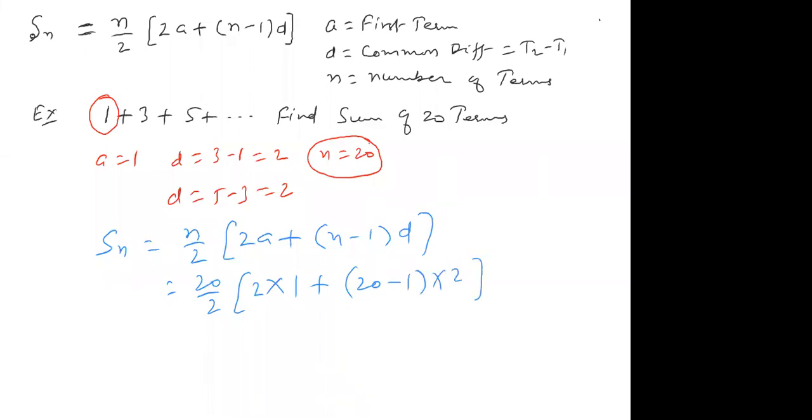So 20 upon 2 is 10, into 2 plus 19 into 2, which is 38, plus 2 is 40. 40 into 10 is 400. This will be the answer. So the sum of 20 terms of this AP will be 400.